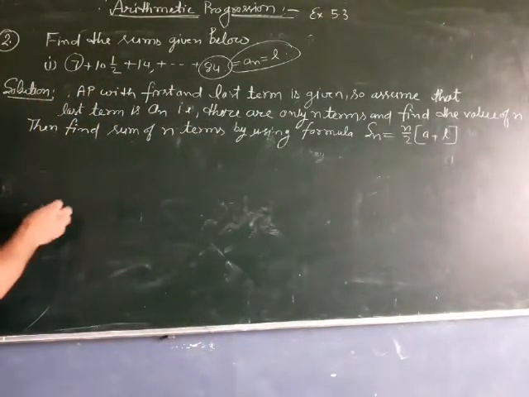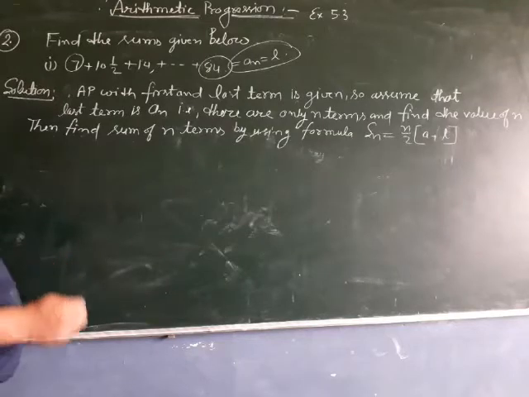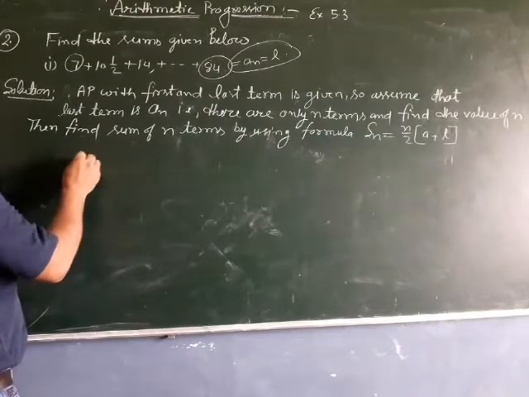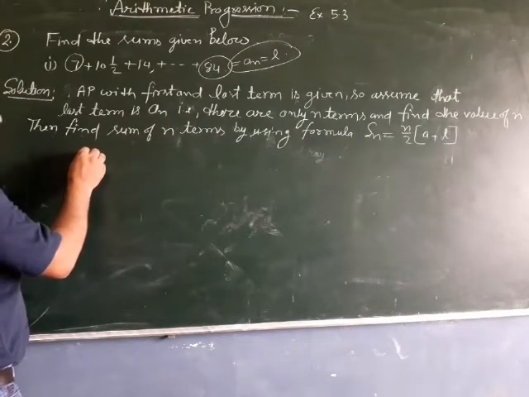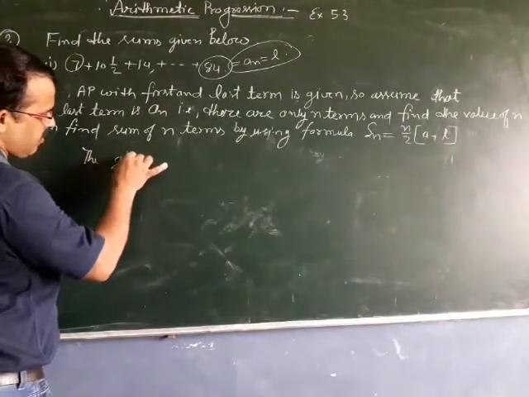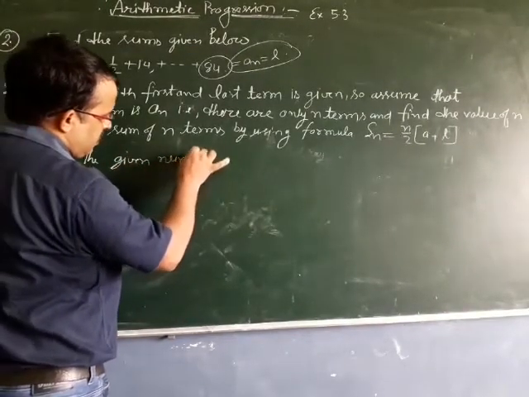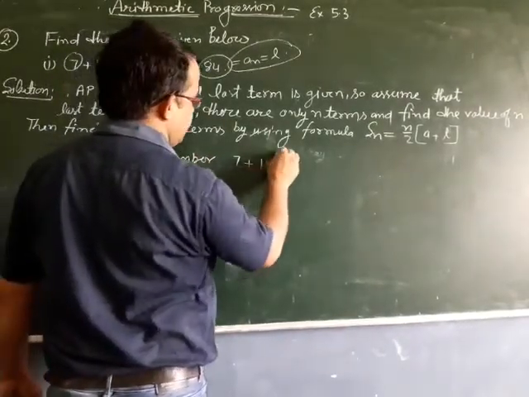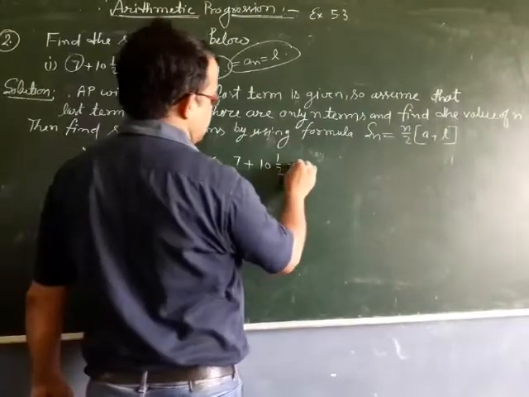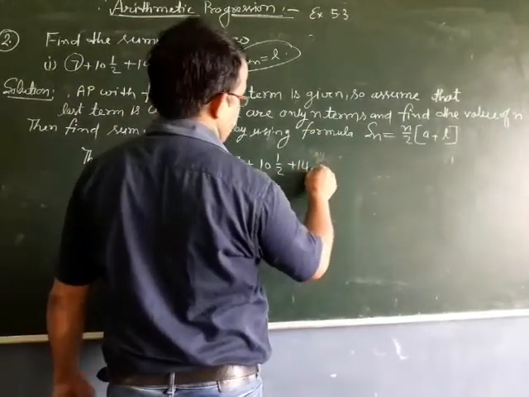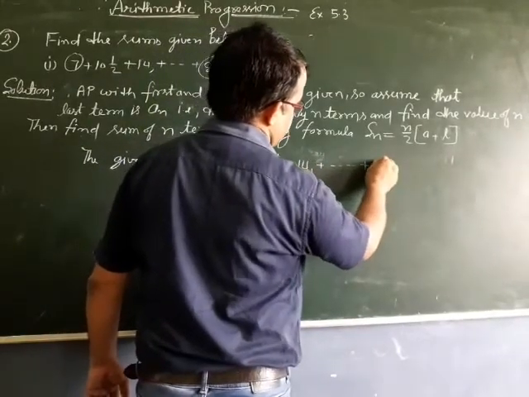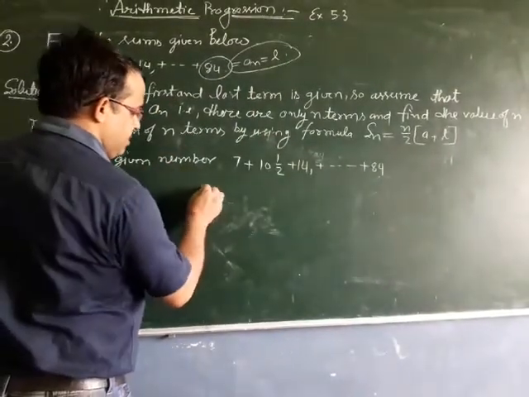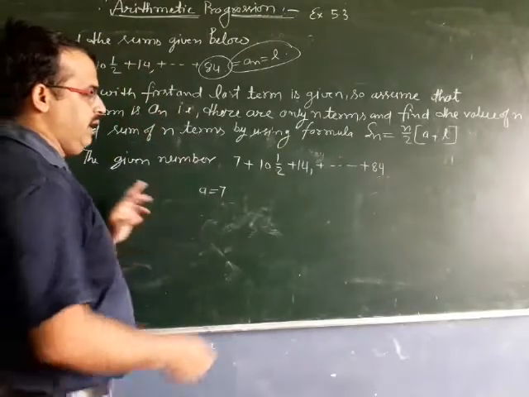The given series is 7 plus 10 and a half plus 14 plus up to the last term 84. Clear? So here the first term a is equal to 7, and then we find d.